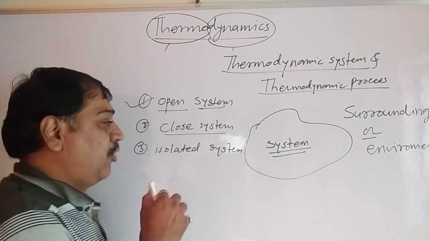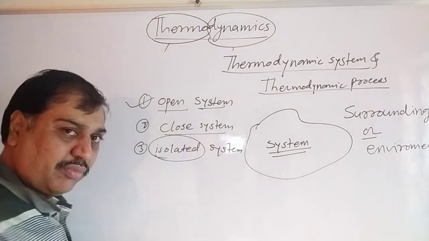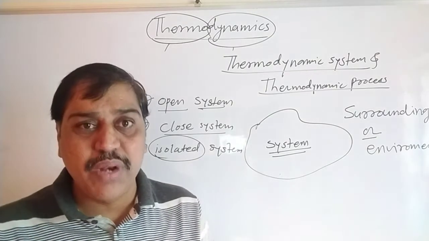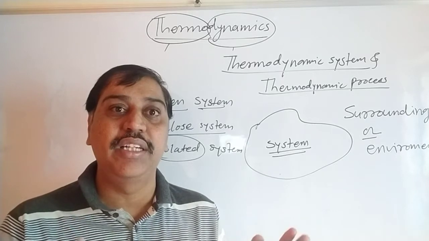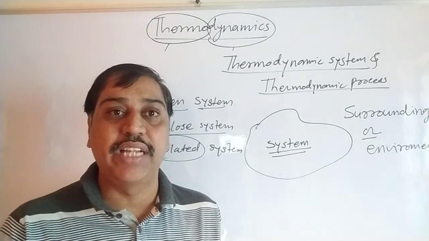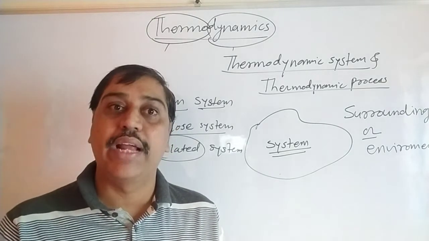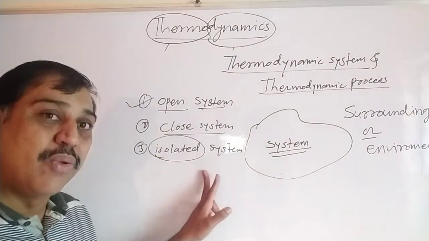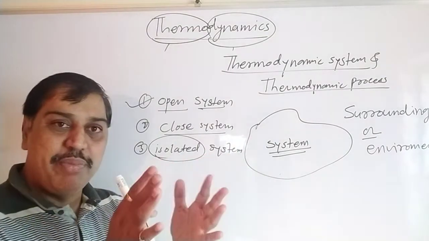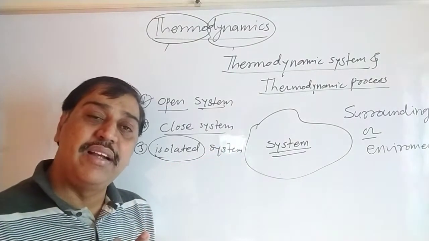And the third one is said to be an isolated system. As its name says, it is isolated. Isolated means what? It is under a closed environment, we can't change. Matter as well as heat cannot go to the surrounding or be absorbed from the surrounding. Then that type of system is said to be isolated. Isolate means we have separated. Separated in terms of what?